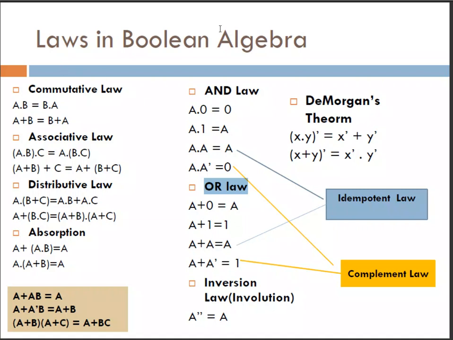With these laws we can prove and simplify. For example, let us take this one: A plus AB is equal to A. This is simply that we factor A out, then we remain with 1 plus B. 1 plus B, the rule says, is equal to 1. A times 1 is equal to A. With these laws and theorems, we will be able to simplify any given Boolean expression or function.